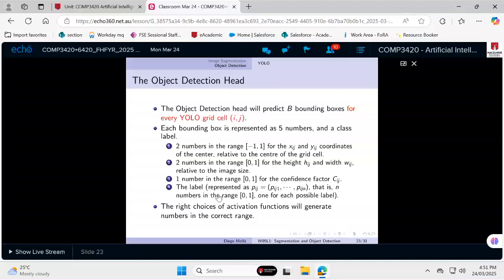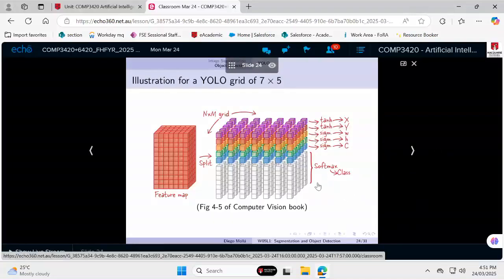But the more common case will be only one label, so then you apply a softmax activation on all those cells. So on the 7x5 grid, for our example, you have as many channels as 5 for the bounding box, and then as many as labels, and here are the activation functions.